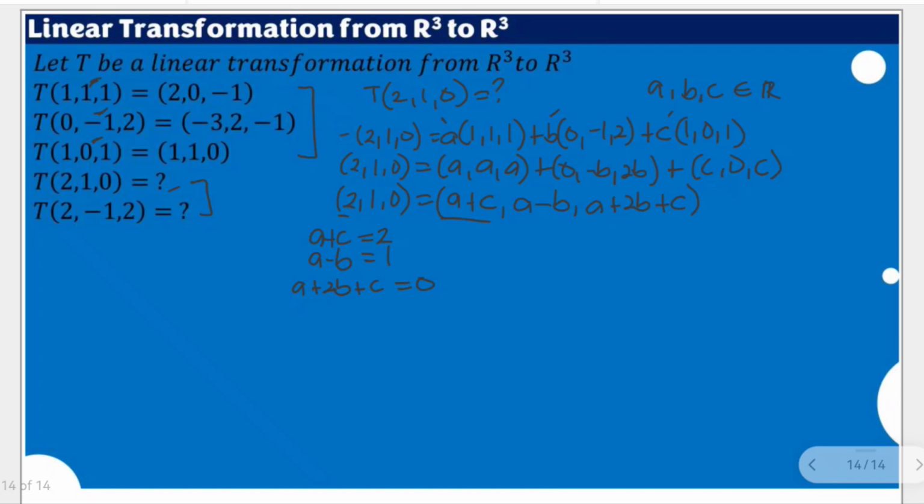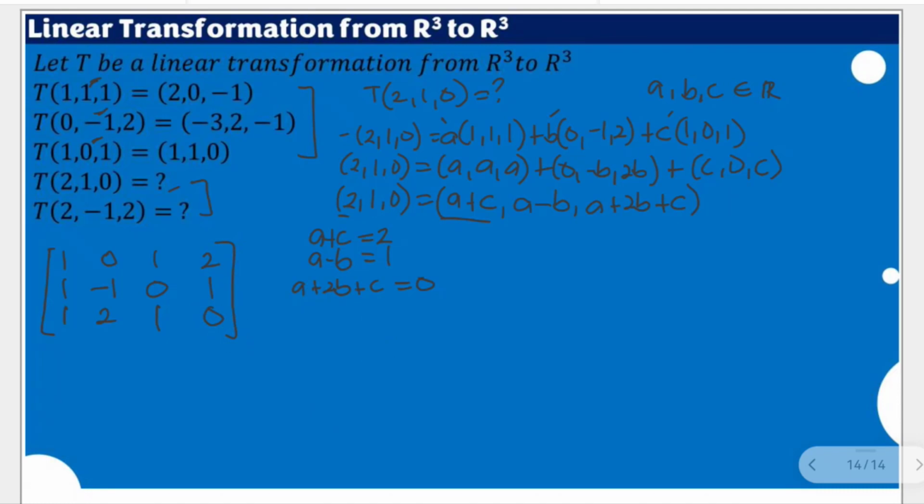So let's come up with an augmented matrix: 1A, 0B, 1C, and 2; 1A, -1B, 0C, and 1; and A plus 2B plus C equals 0.